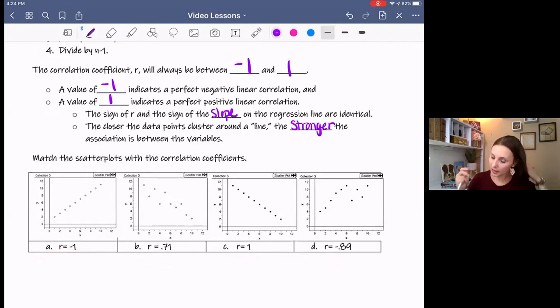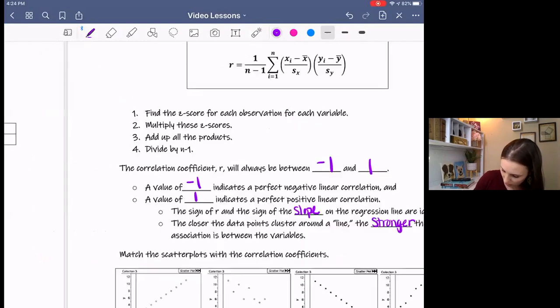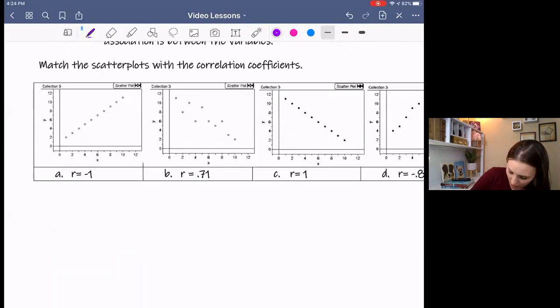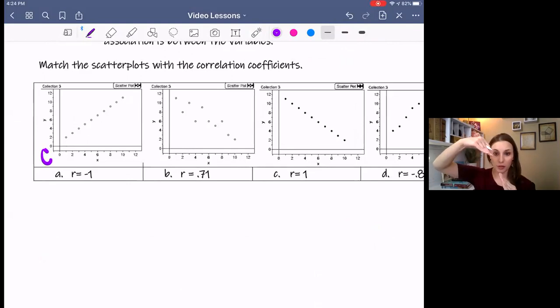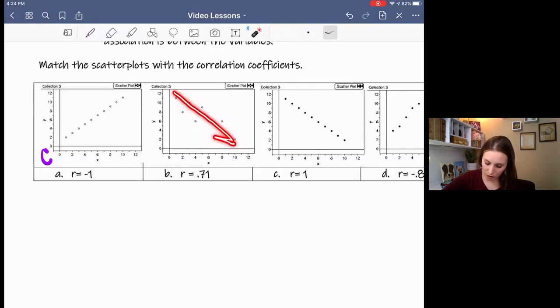You should get that this first graph was answer choice C, because it is very strong positive. So the strongest positive r value we can get is 1. And then the next one, you can see that it is falling, so we know it's going to be negative.